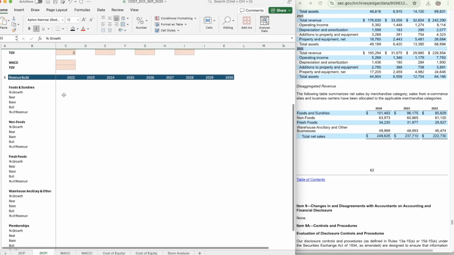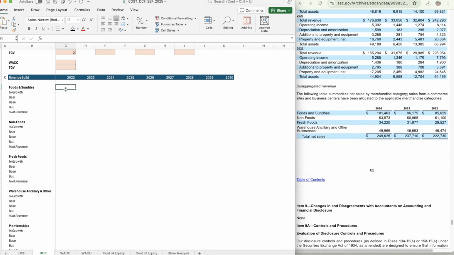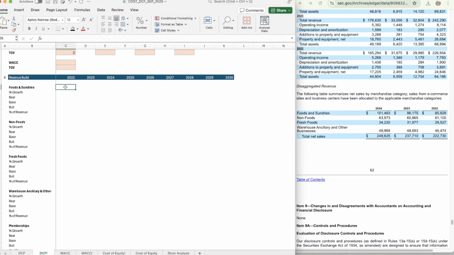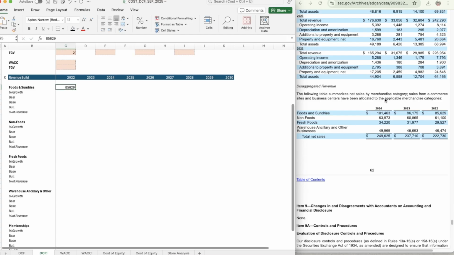Now let's start filling this in. So for the first, we can see that for foods and sundries, 85629. So you always have to make sure that you're reading them the right way. You have to start 2022, 23, 24.